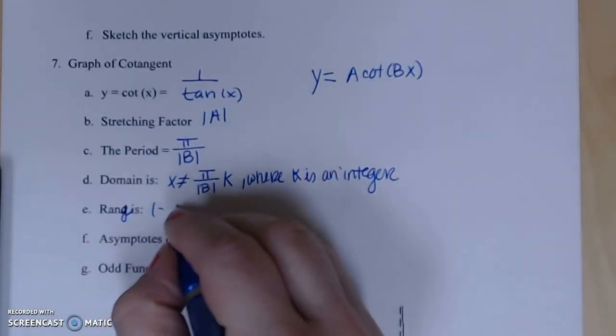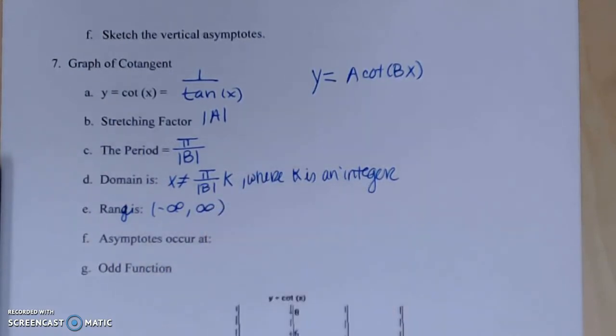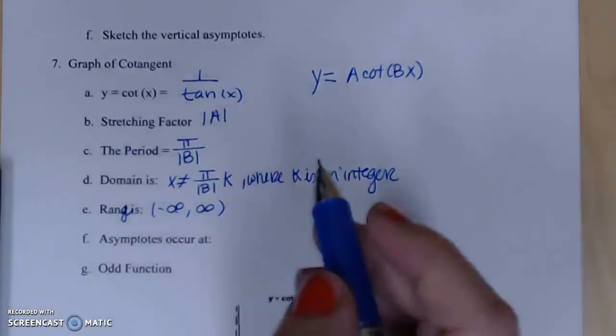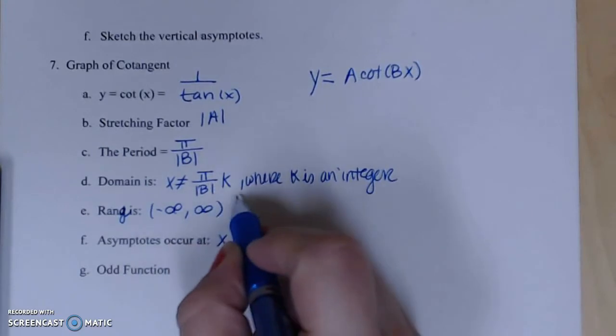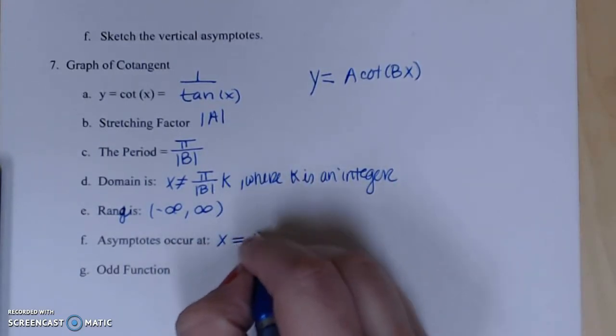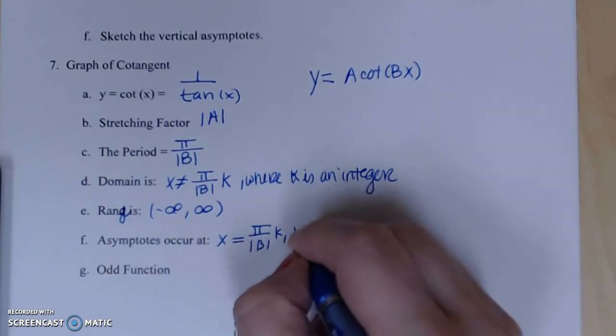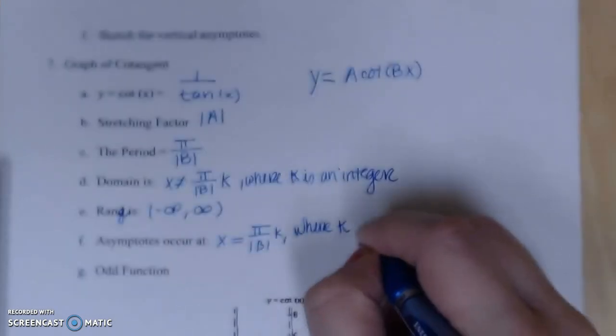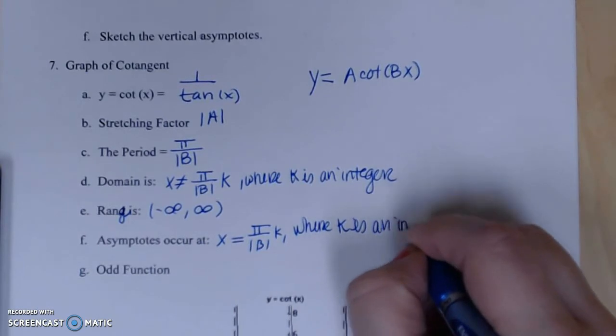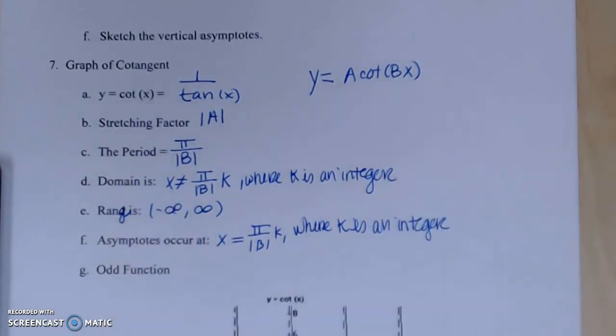The range is going to be negative infinity to infinity. There are going to be asymptotes on this one. The asymptotes, again, are related to your domain, those values that we had to take out. So they are going to be at pi over absolute value of b times k, where k is an integer, and it is an odd function.